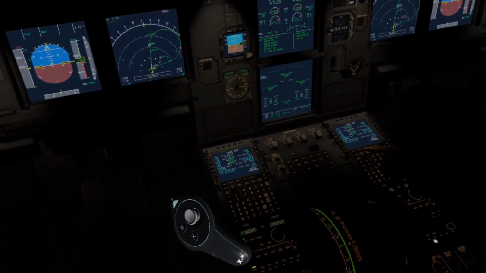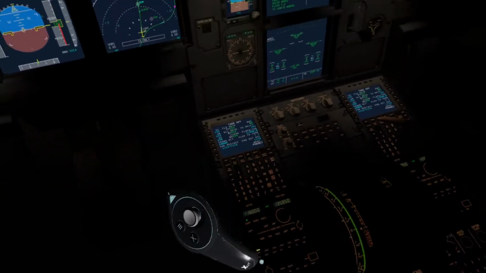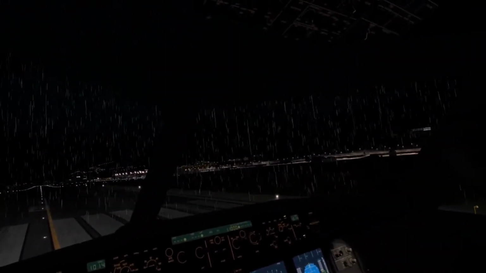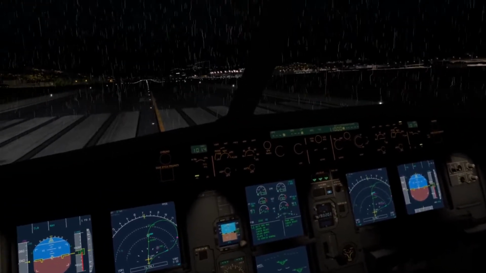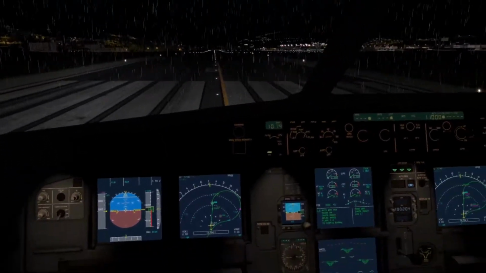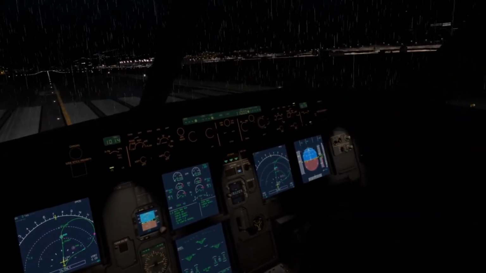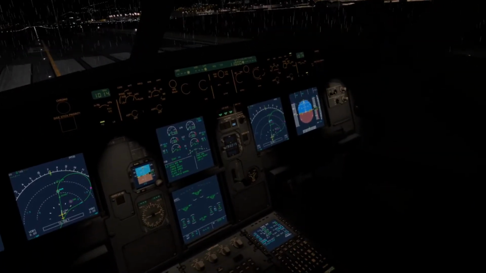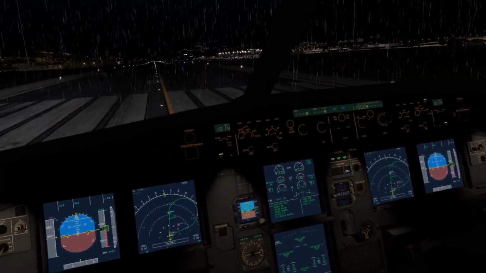So V1 141, V rotate 152, V2 156, no flex, TOGA. V1 141. V rotate 152. V2 156. Flex temperature not set. ECAM memo. Takeoff no blue. Before takeoff checklist down to the line completed.